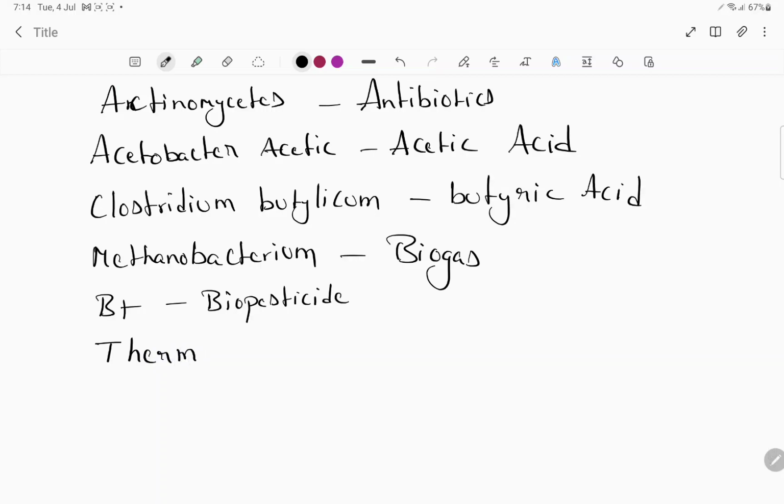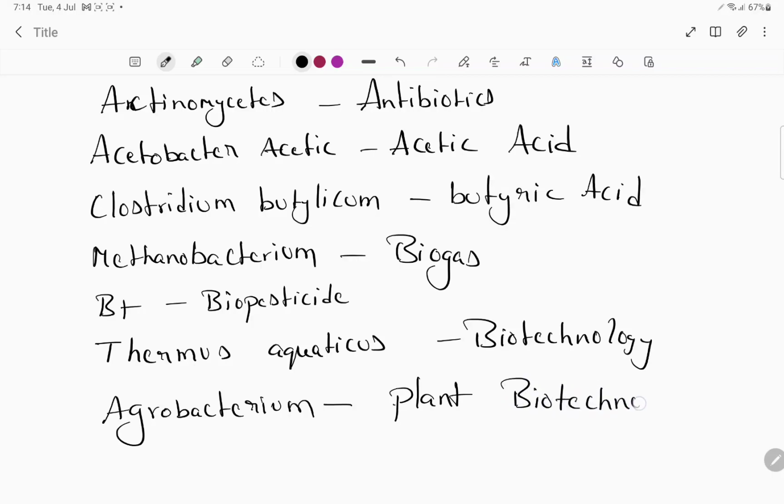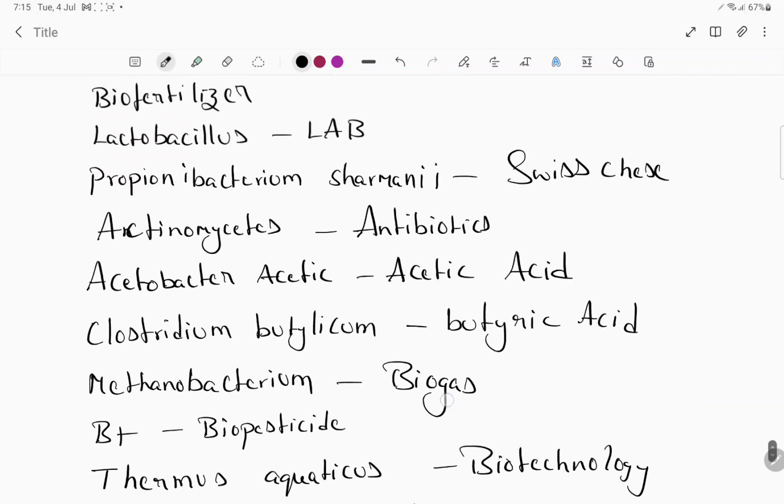Thermus aquaticus, biotechnology. Agrobacterium, plant biotechnology. So these are the economic importances.